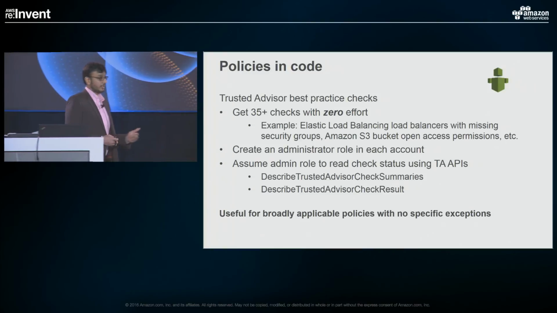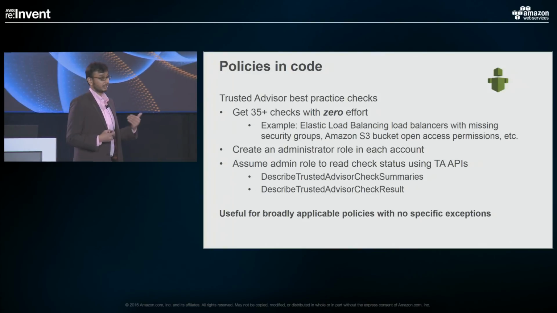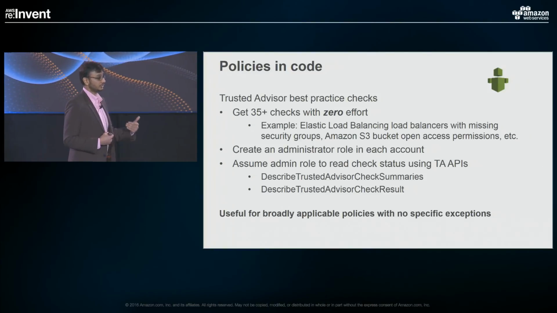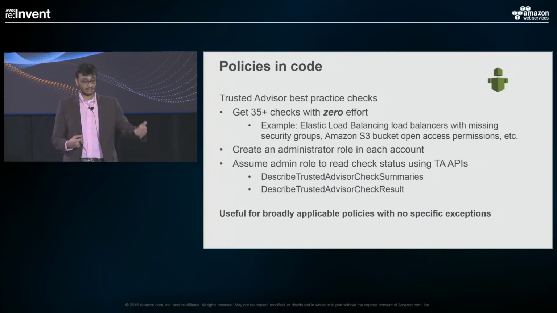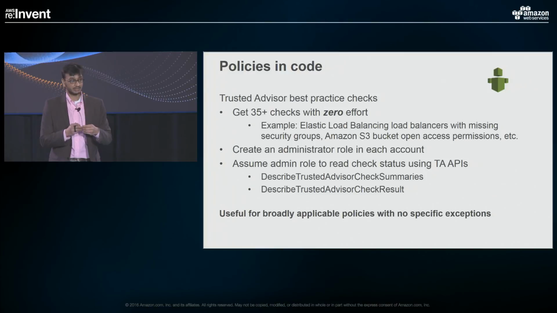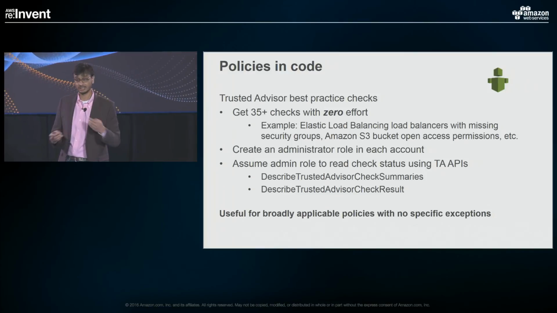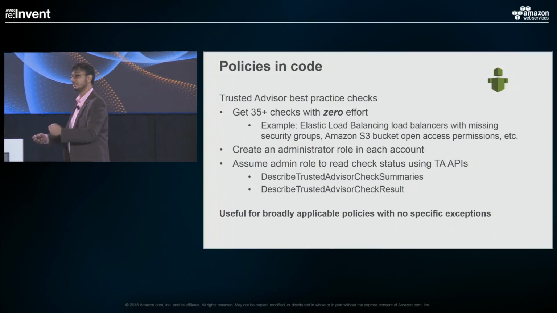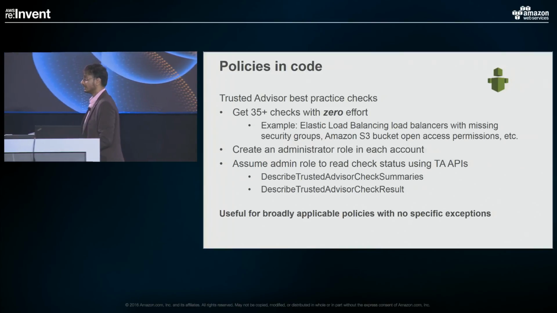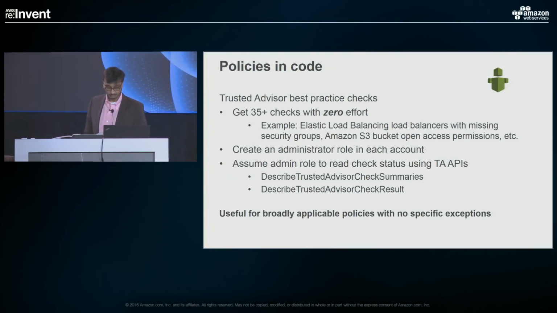Now, if you have many accounts, and if you are an administrator, one way to look at Trusted Advisor checks is to get permissions to read the APIs I'm mentioning there: describe Trusted Advisor check summaries and check result. So you can go into different accounts as a security expert and read the Trusted Advisor checks for that account.